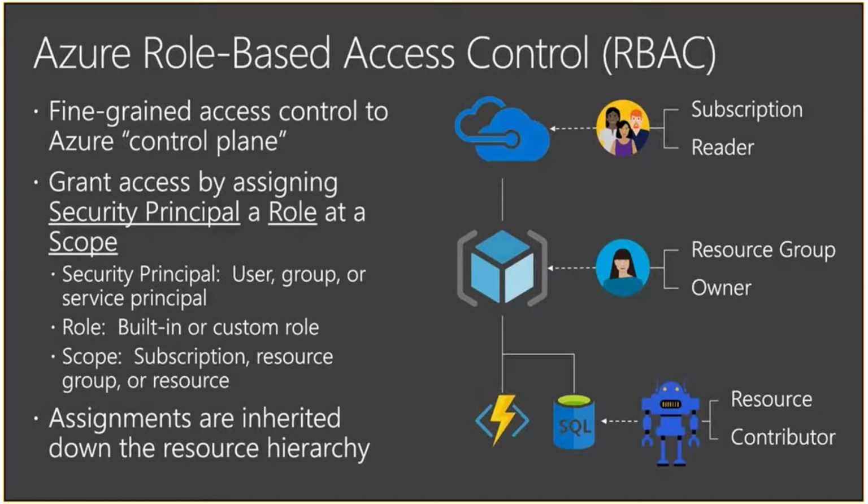So you can assign permissions at the upper level that get inherited down the list, or you can assign permissions just to the specific resources that you want to give access to. Yeah, absolutely, Eric. And that's exactly the last point, assignments are inherited down the resource hierarchy. So at the top level, if you define owners, then all the resources underneath that subscription will inherit that owner access. We'll show folks in the portal how to do that.